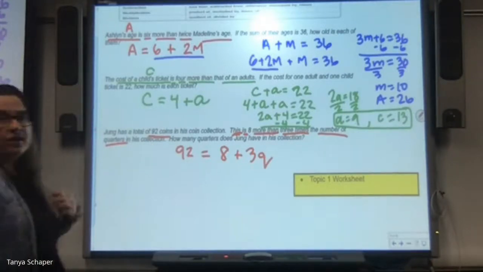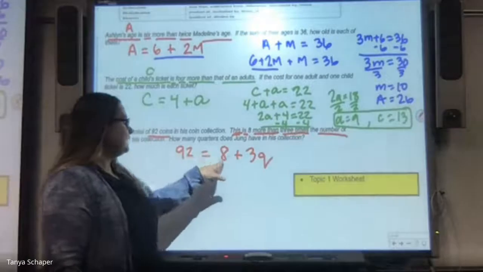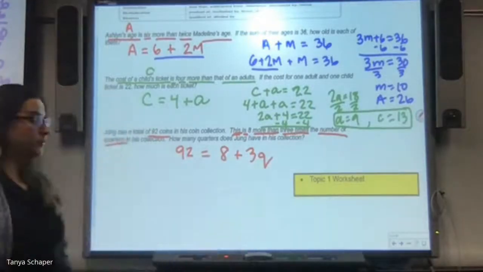Okay, so that's our equation. 92 is 8 more than 3 times the number of quarters.